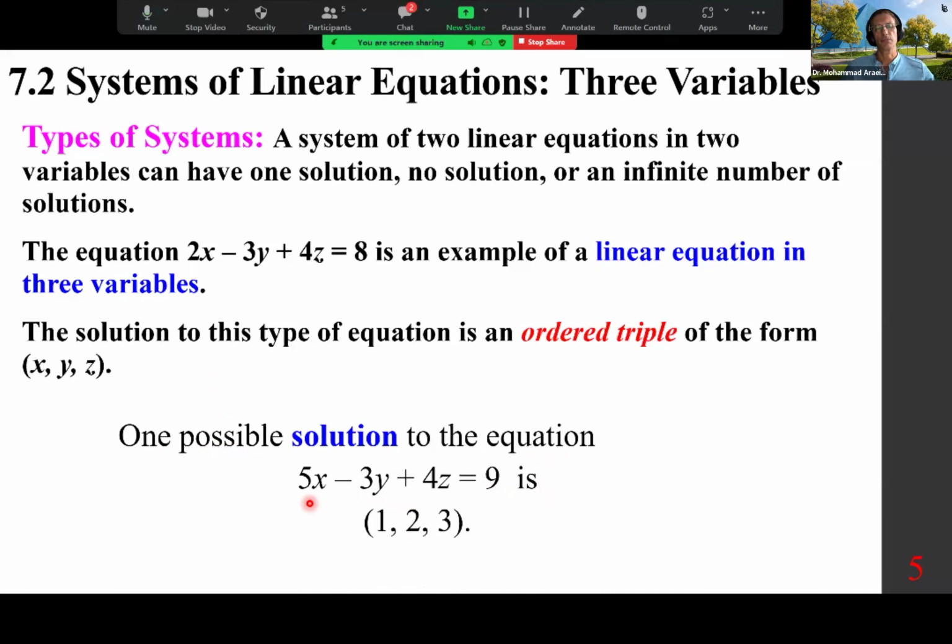If you replace the x with 1, you get 5. Y with 2, you get minus 6. And let's do this actually. When we plug in, we get 5 times 1 minus 3 times 2 plus 4 times 3.